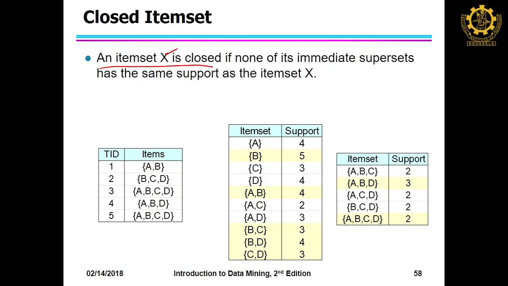If X has support 3, then anything you include with X should give support less than 3. It cannot be more than 3, because we learned that, right. So, if it is less than that of X, then we say X is closed.